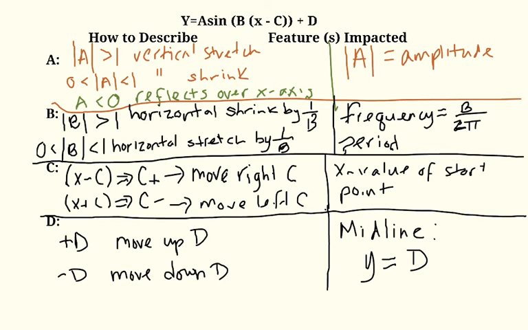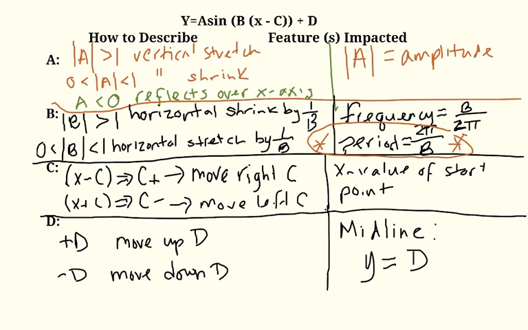So we're going to say period equals 2 pi over B. And like I said, that is the key graphing component. Without being able to determine the period, I can't really start to graph at all.